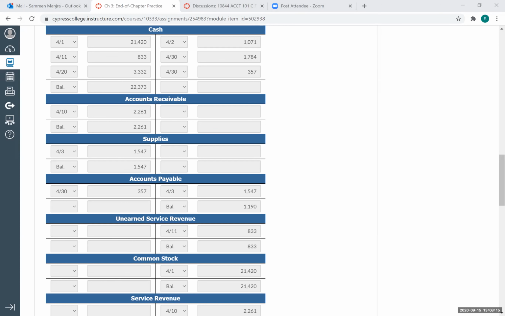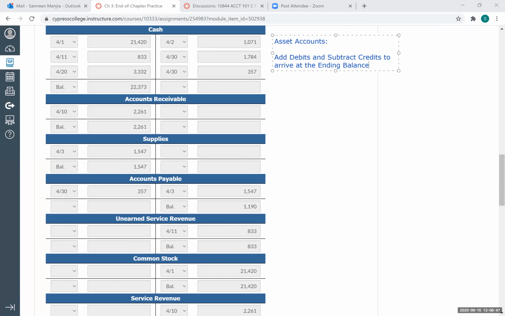For asset accounts, your ending balance will be determined by adding all of your debits, and you're going to subtract your credits to arrive at the ending balance.